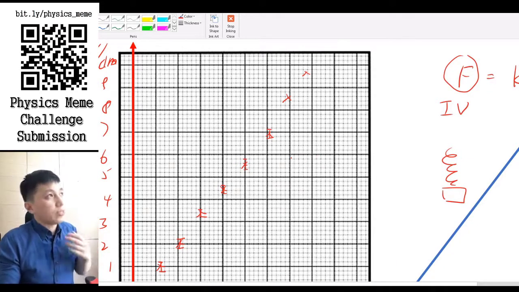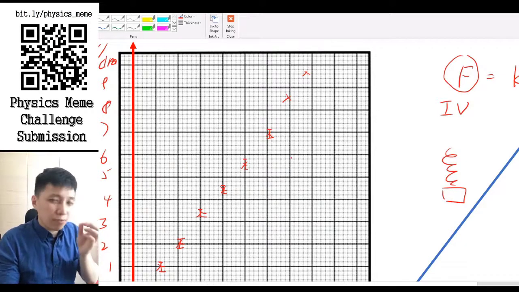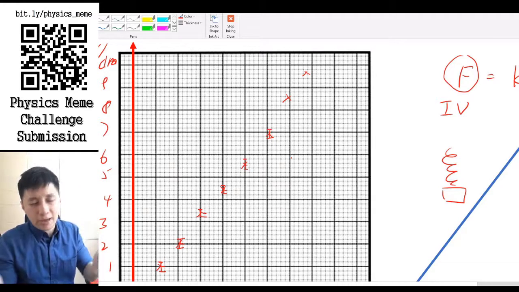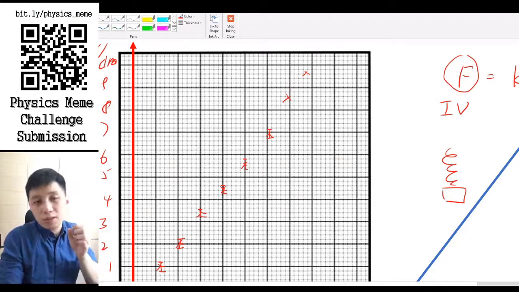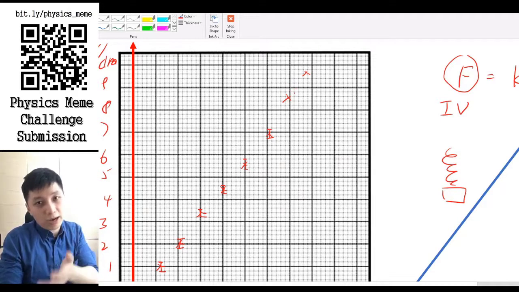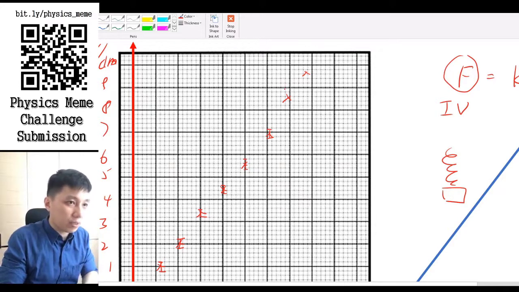In case you are doing something like maybe a processed data, you find out a certain particular data has a much bigger absolute uncertainty. That's actually fine. What you have to do is just follow the number that you have for absolute uncertainty. So let's say somehow for this data it has 0.5, for example.